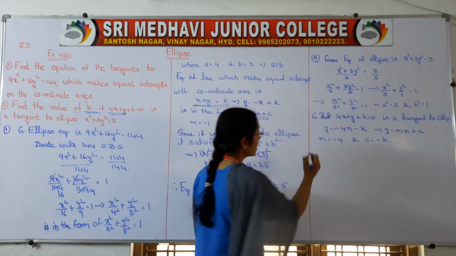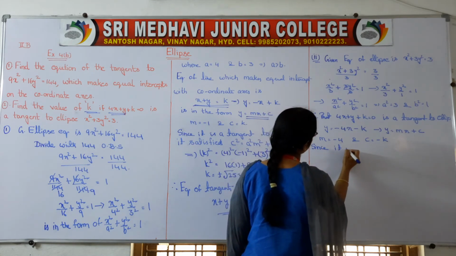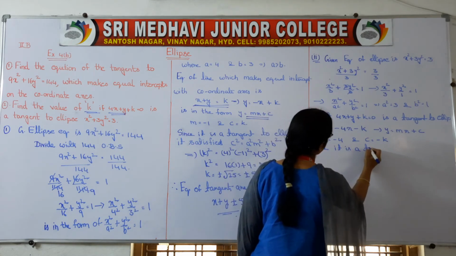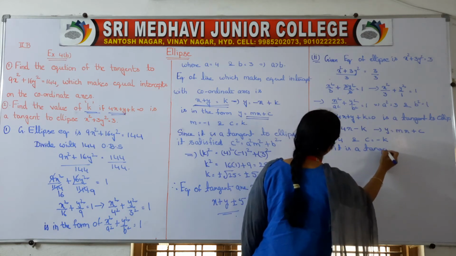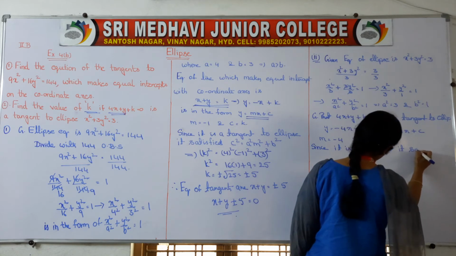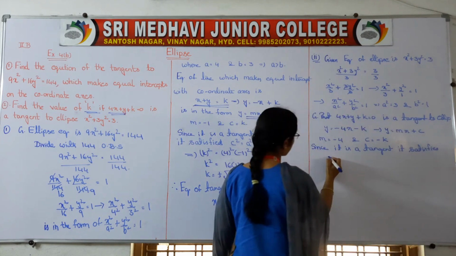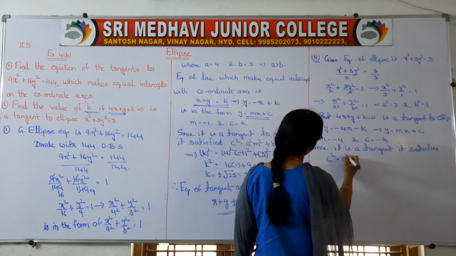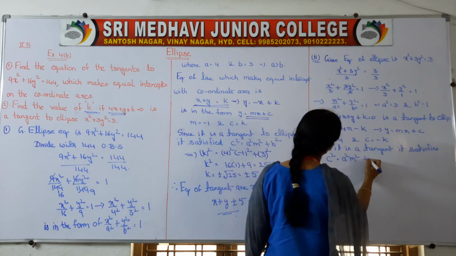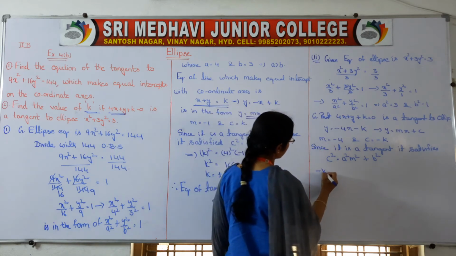Okay. So since it is a tangent, it satisfies one condition. What is that condition? c square is equal to a square m square plus b square. What is c? Minus k.